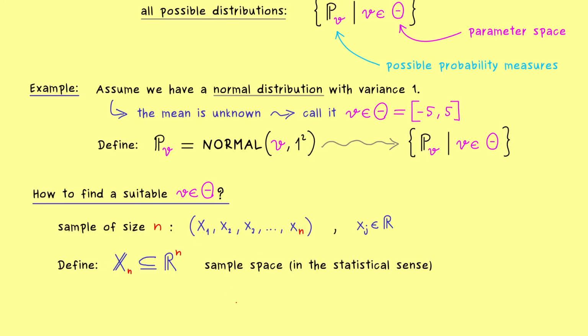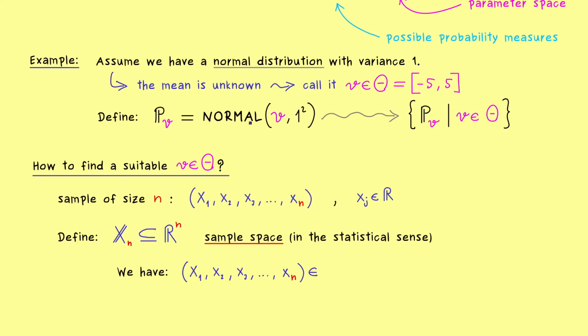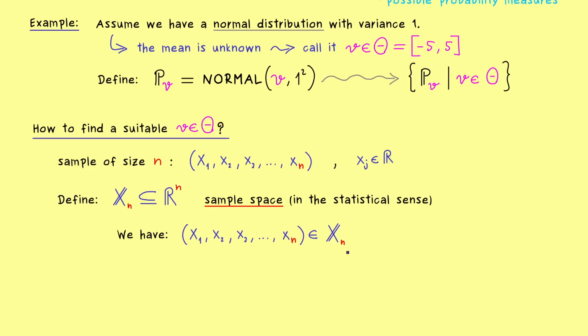And that's why we call it the sample space, but please note this is in the statistical sense, so it's different from the notion we had in probability theory. Actually, this notation overlap is not a problem at all, because from context you always know which sample space we actually mean. So in this case, this double Xn is called sample space, simply because every statistical sample lies in the space.